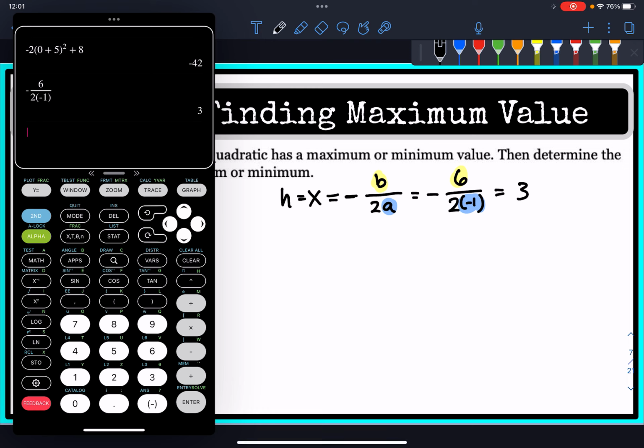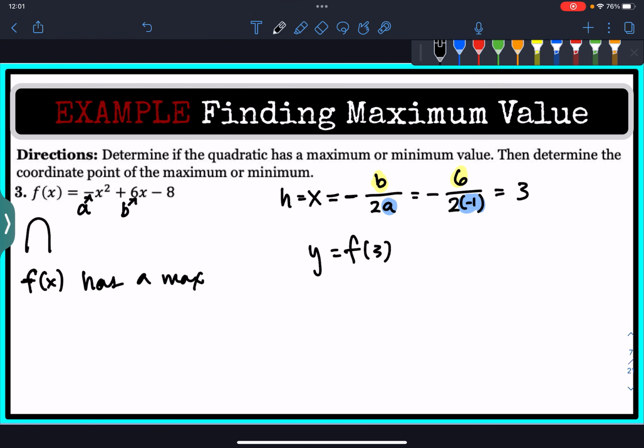Now to figure out the y coordinate of our function, all we do is simply plug this number into our function for x. Since our function is -1 times x squared plus 6 times x minus 8, we replace each x with 3.